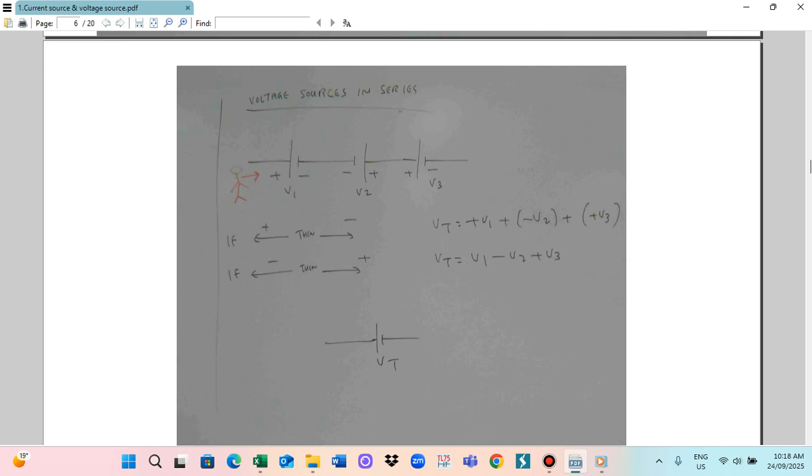So VT is equal to V1 minus V2 plus V3. When you work through the network, first you see the positive side, so positive V1, then the negative side, then the positive. So VT equals V1 minus V2 plus V3. Instead of all three voltage sources, you can represent them by a single voltage source VT.